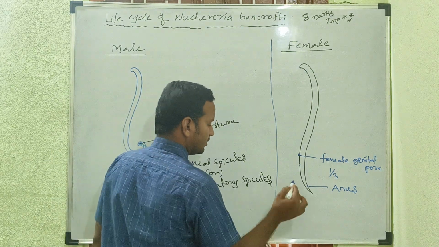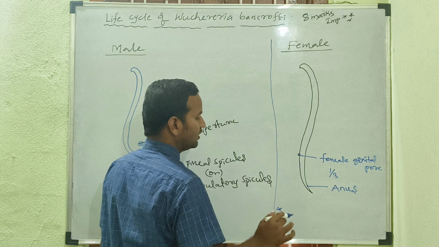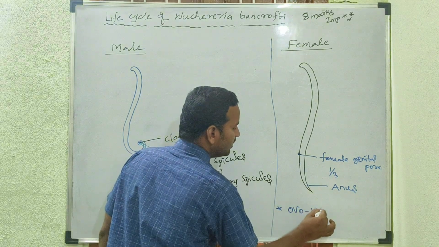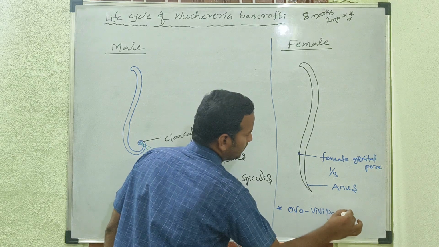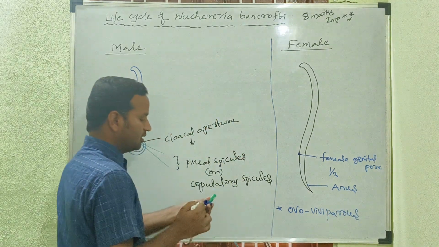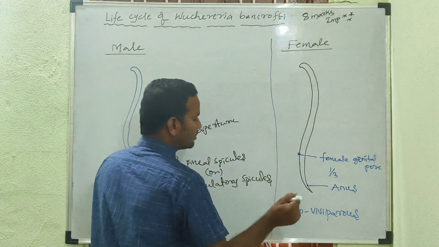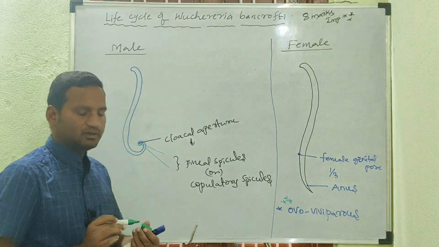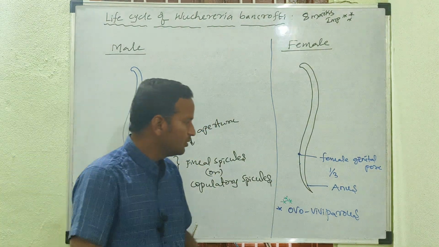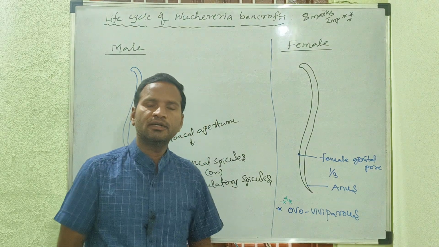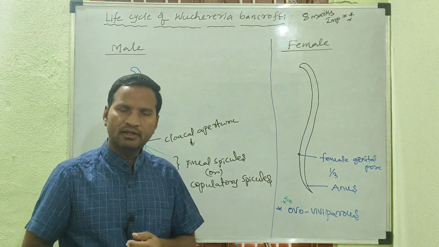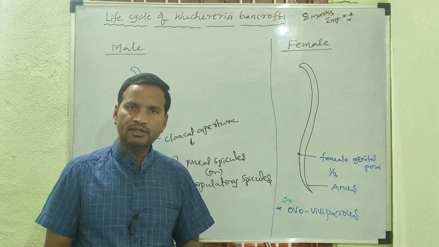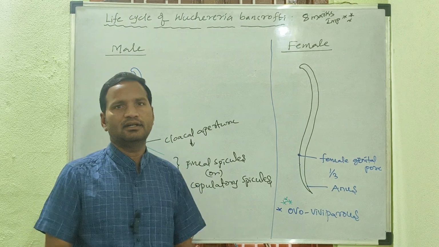One more thing, here the most important point. Wuchereria bancrofti are ovoviviparous. You know the meaning of ovoviviparous? It is the most important point even in competitive examinations. Oviparous means laying eggs, viviparous means producing young ones directly.